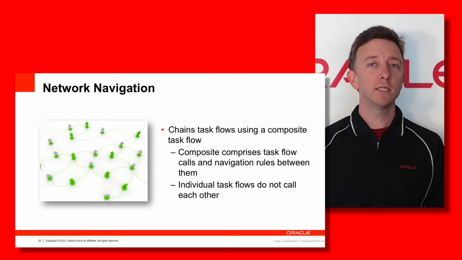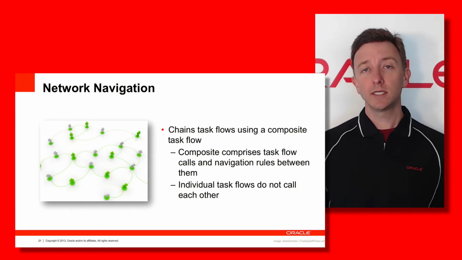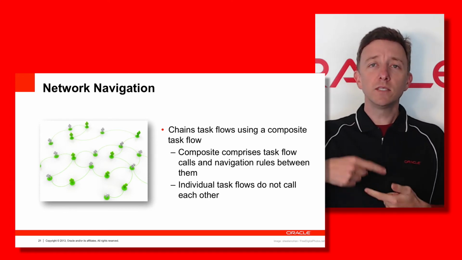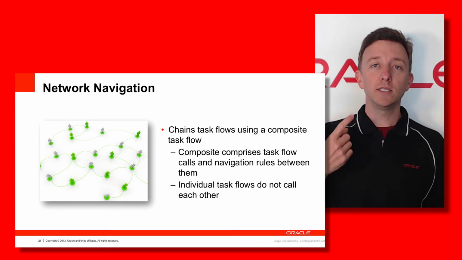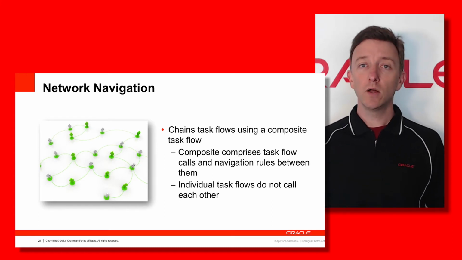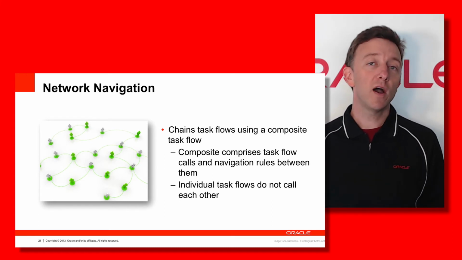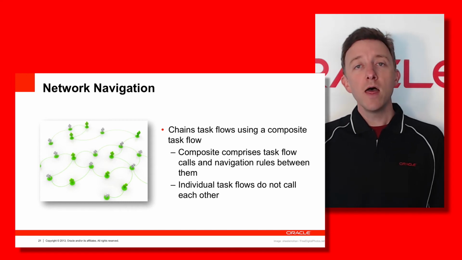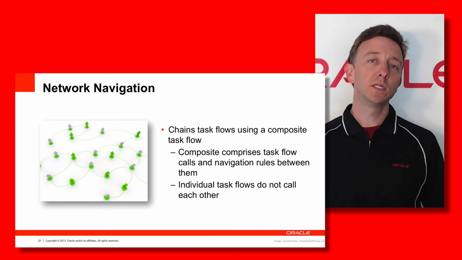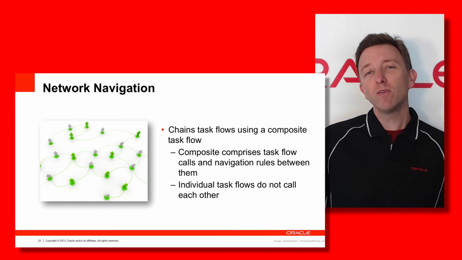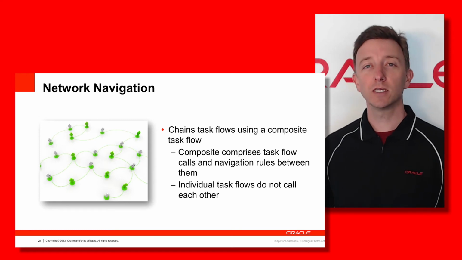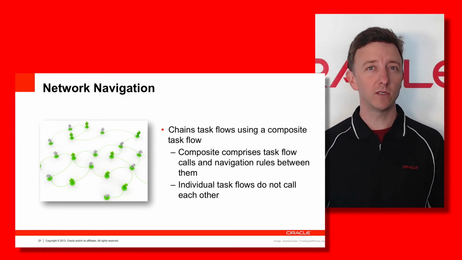And how this works is, where we used to with our stack navigation model have all these individual task flows, rather than stringing them together, having them call each other, what you do is you build them in isolation. You build your, let's say, 5 task flows, and you have clear entry and exit points from them. Then you wrap them in a composite or a master task flow that provides, from the user's experience perspective, very much a stack-like experience, or the drill up, drill down interface, I should say.